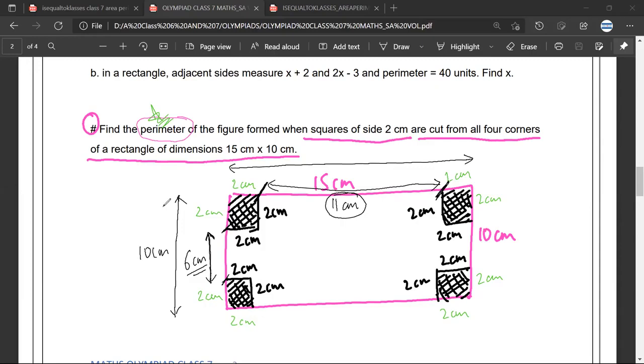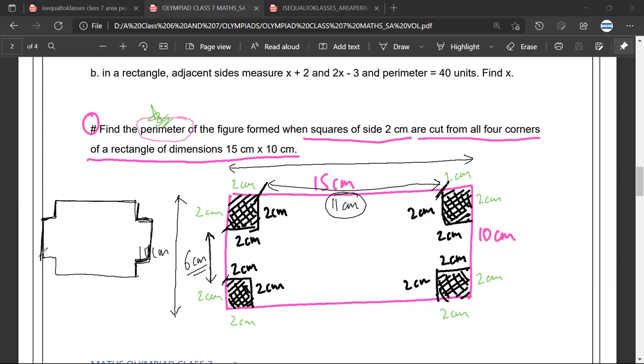That is why I am telling you this is a pretty interesting question. Now, this is the figure that we will be left with. This is how the figure will look. Mr. Sarthak, do you agree? Yes, sir. So I understood the question now.